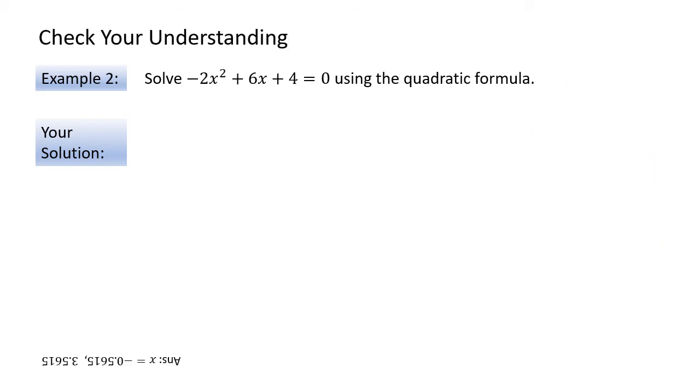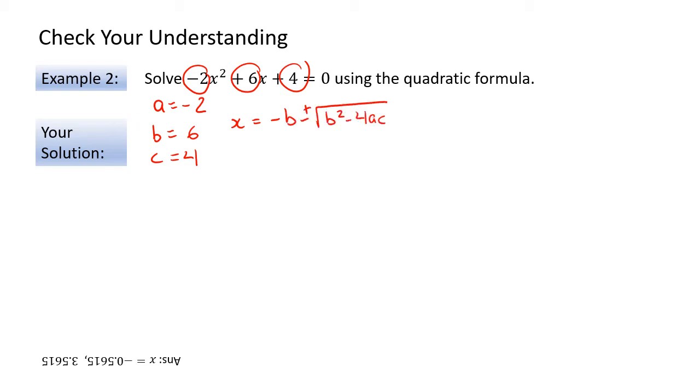So our second example, solve negative 2x squared plus 6x plus 4 equals 0 using the quadratic formula. So we know a is equal to negative 2, b is equal to 6, and c is equal to 4. Our quadratic roots formula, solving for x-intercepts, is equal to negative b plus or minus the square root of b squared minus 4ac divided by 2a.